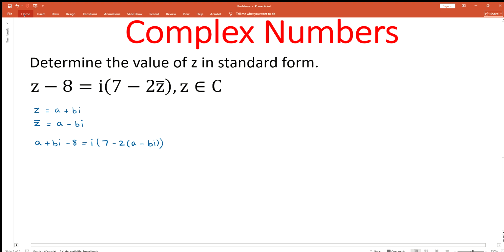Next, we can simplify the expression on the right side. We should distribute negative 2 into the parentheses. Next, we can distribute i into the parentheses.